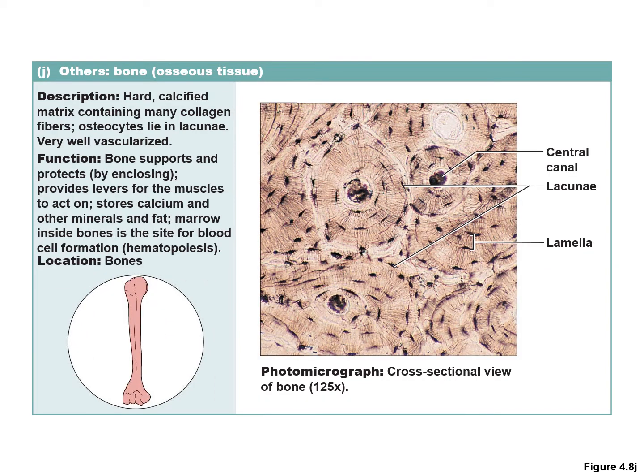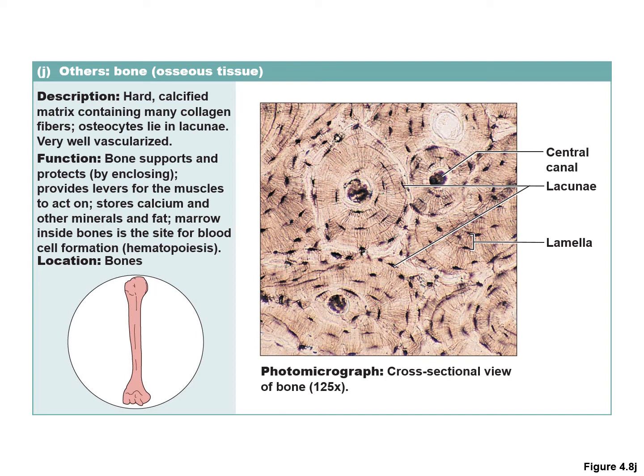Now we are in the bone. So bone is another supporting connective tissue, and bone is hard, calcified. It has a hard calcified matrix, contains many collagen fibers, and cells of the bones are also located inside a pocket of fluid that's called lacuna.